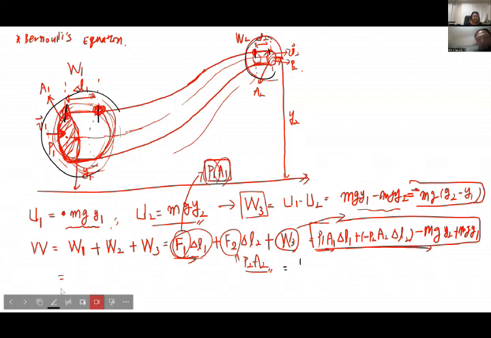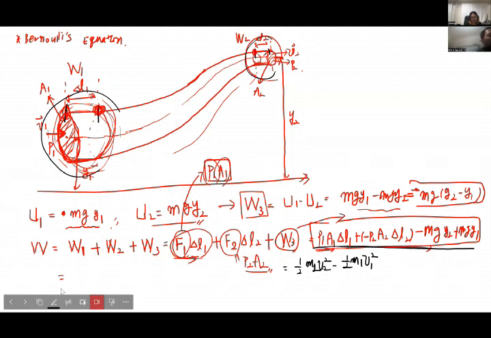So that should be 1/2 m2 v2 squared minus 1/2 m1 v1 squared. So that is the same as this one.